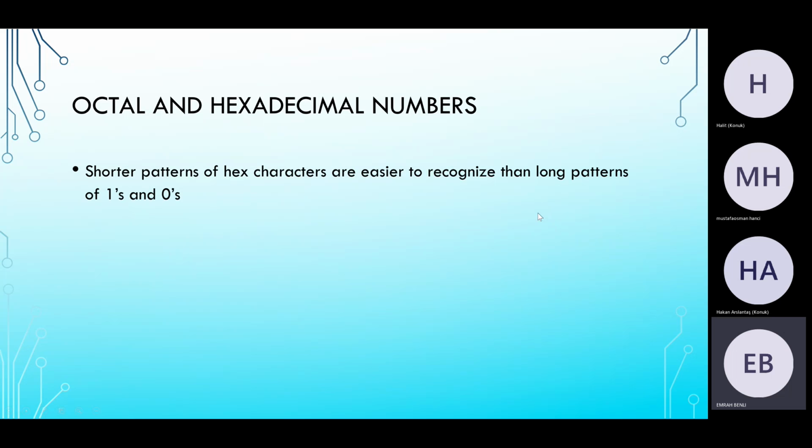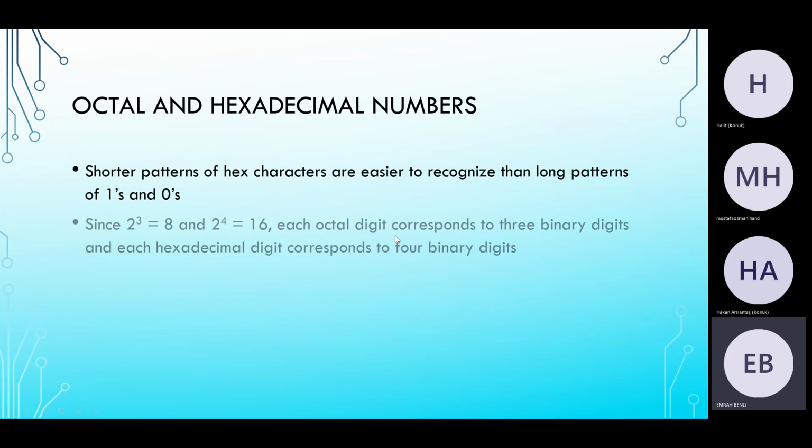Octal and hexadecimal numbers, we are using them because they support shorter patterns of binary numbers, 1s and 0s. Since octal 8 is 2 to the 3 and 16 is 2 to the 4, we group every 3 binary digits for octal, or every 4 binary digits for hexadecimal, and write them.